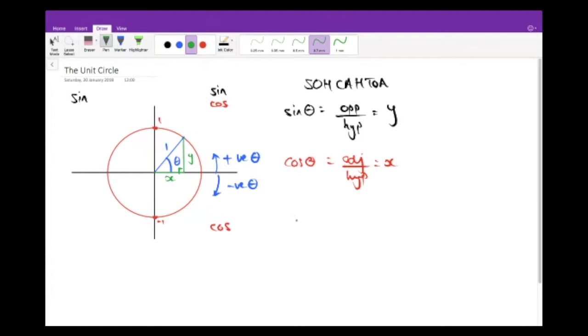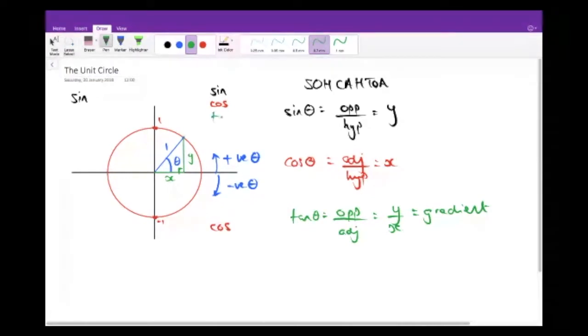And finally, tan is the opposite over the adjacent side, which is equal to y over x, which we know as well is the gradient. So we look at when the gradient joining the point on the circle to the center is positive, and that's going to be again in this quadrant and in this bottom left quadrant.